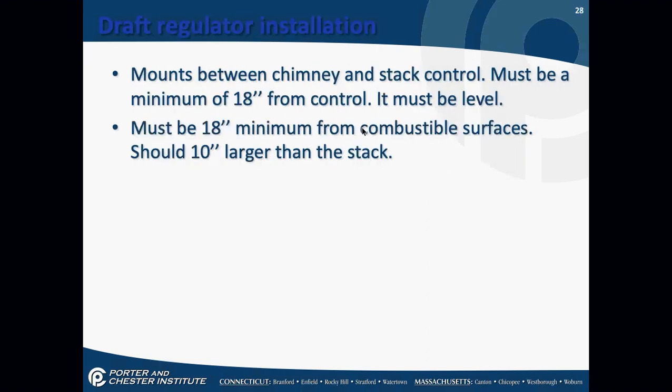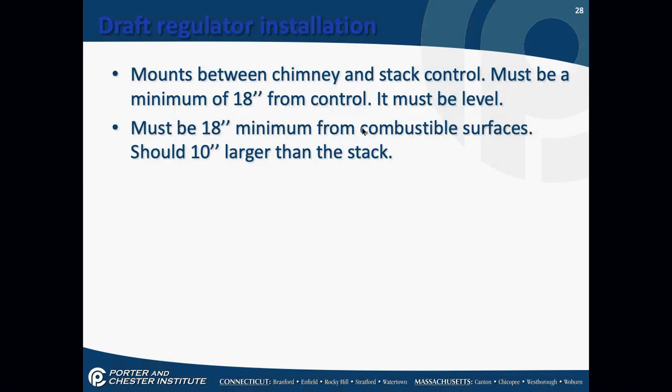Very important. The draft regulator is installed between the chimney and the stack control. It has to be a minimum of 18 inches from the control. It must be 18 inches from any combustible surfaces. Okay? Should be 10 inches larger than the stack.